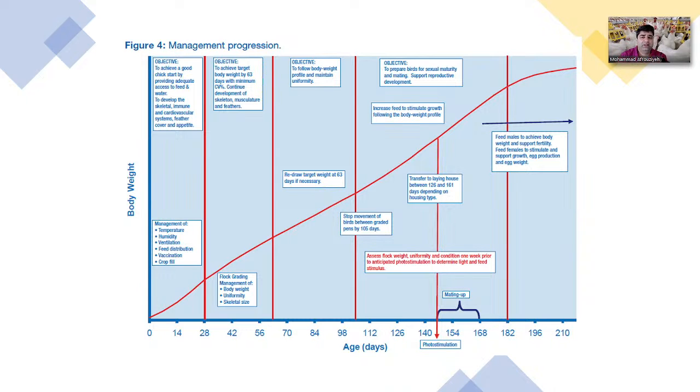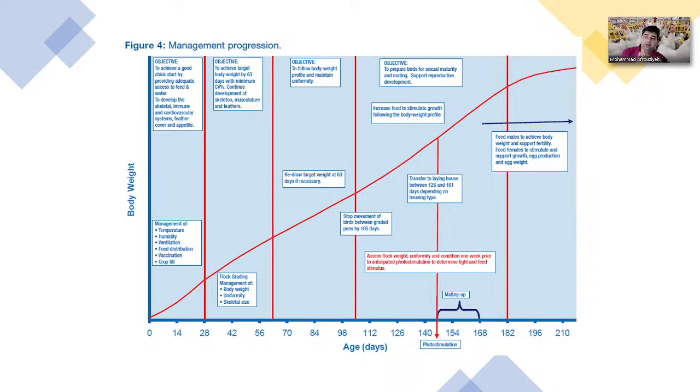And the lower CV, the better. If you have a CV of, let's say, 10%, it shows that the distribution of body weight in your birds is around 10% of the mean body weight or average body weight.